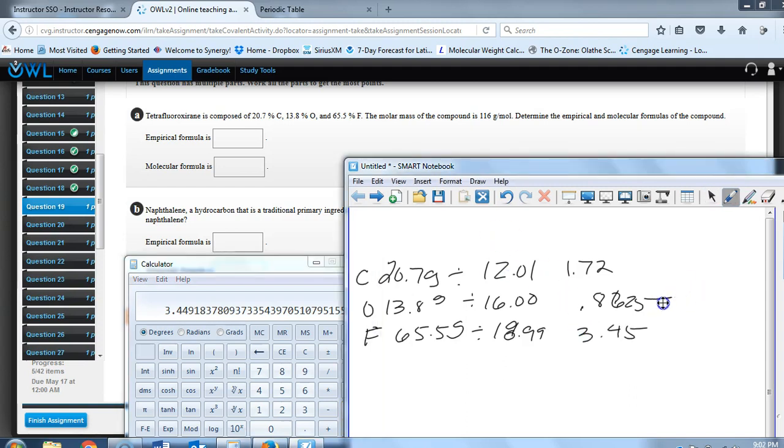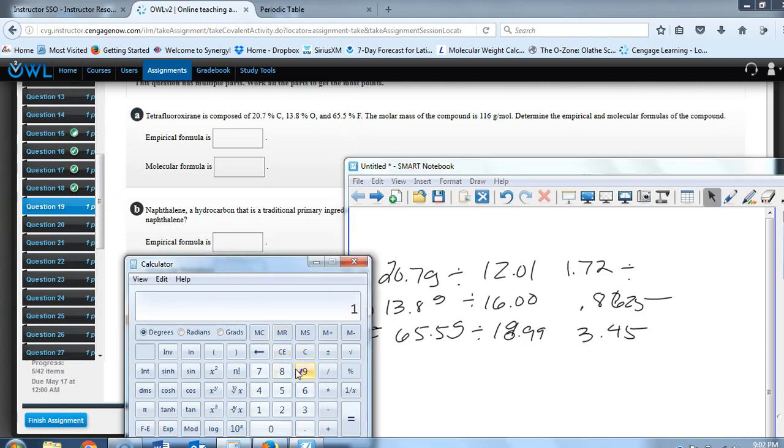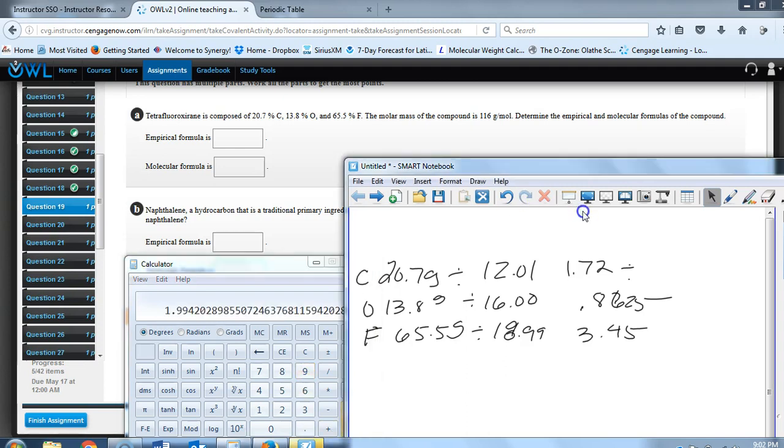Divide by small. So we divide them all by 0.8625. 1.72 divided by 0.8625 is 1.99, that'll round to 2.